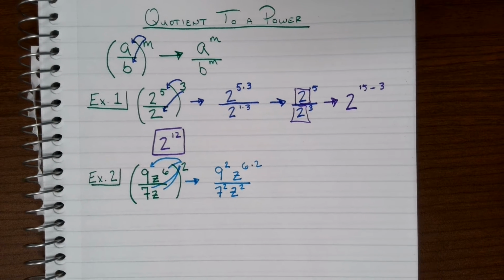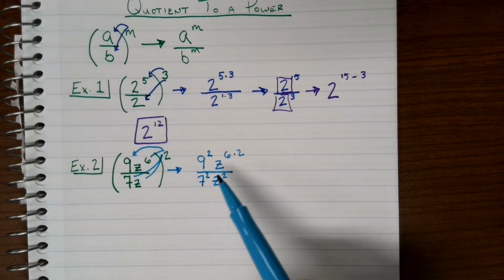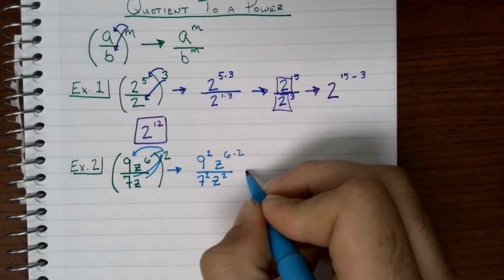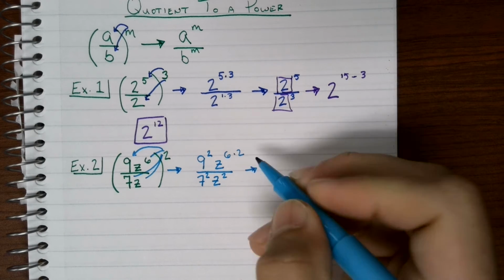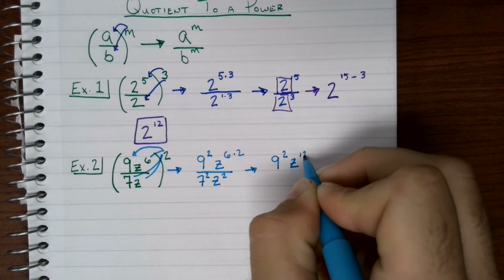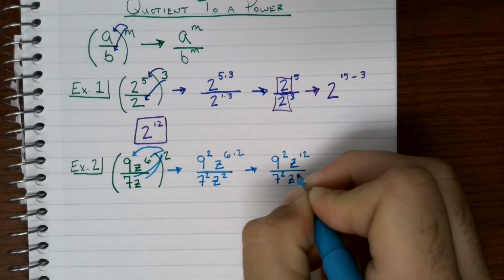Okay, for some people that just kind of helps them and it clicks for them. All right, so if you feel like you need to do this extra step, do it. Okay, but if you don't, it's also fine too. So that simplified will be 9 squared z to the 12th over 7 squared z squared.